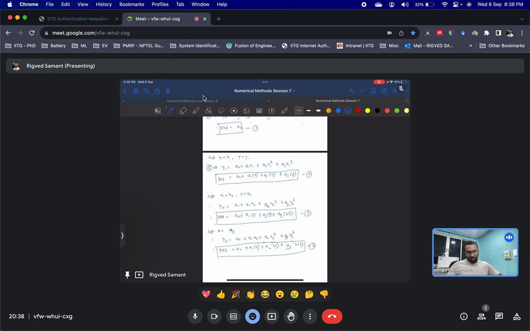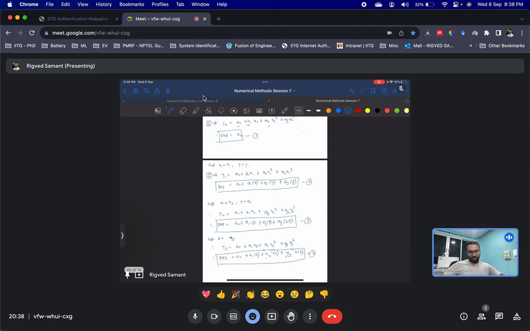So if you see, these are simultaneous linear equations in the unknowns a0, a1, a2, a3 with the rest of the things as coefficients. So these are 4 equations in 4 unknowns, simultaneous linear equations. You can find out a0, a1, a2, a3. So how to do that?